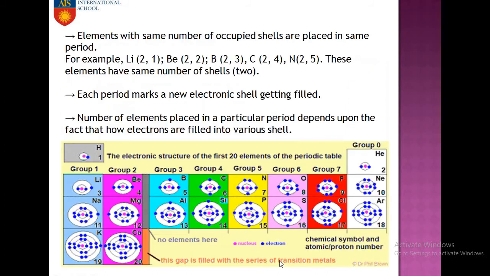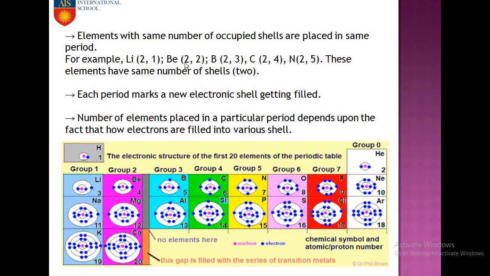Clear? Now, elements with the same number of occupied shells are placed in the same period. How will you identify which period an element belongs to? By seeing how many shells are occupied by the element.